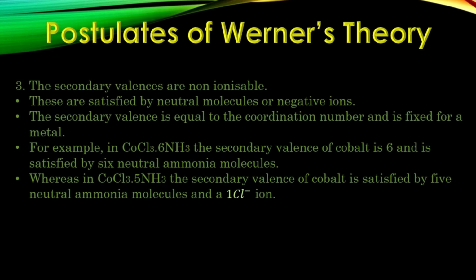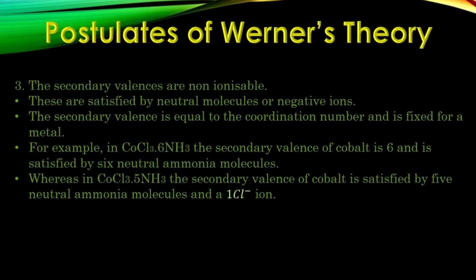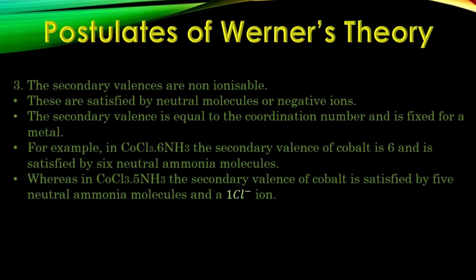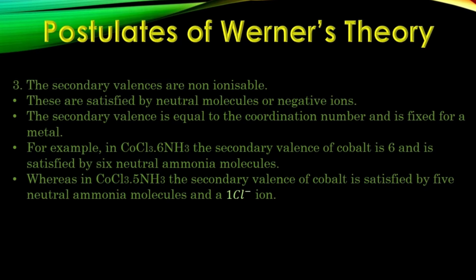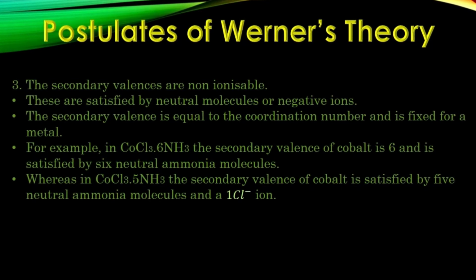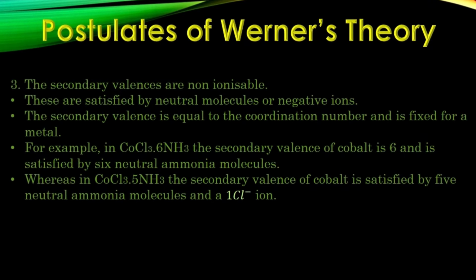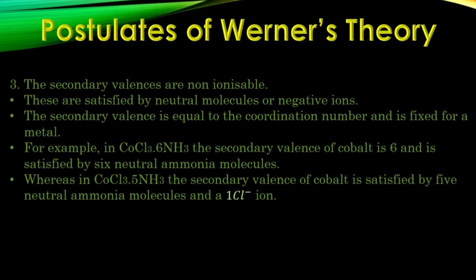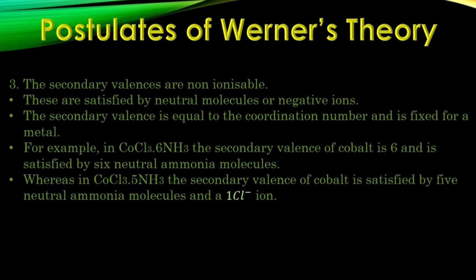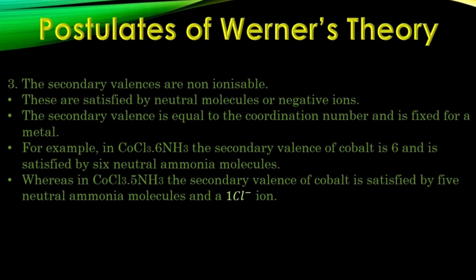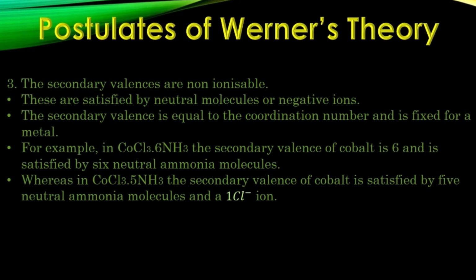We know coordination number means the number of donor sites that are directly attached to the central metal atom. If you take the complex CoCl3·6NH3, the secondary valency of cobalt is 6, since the cobalt atom is directly bonded to 6 ammonia molecules.